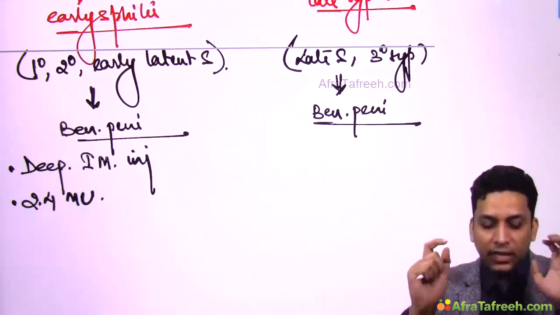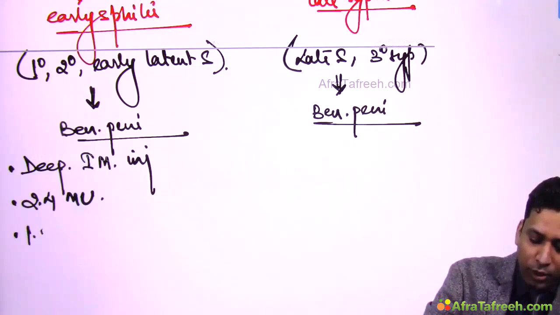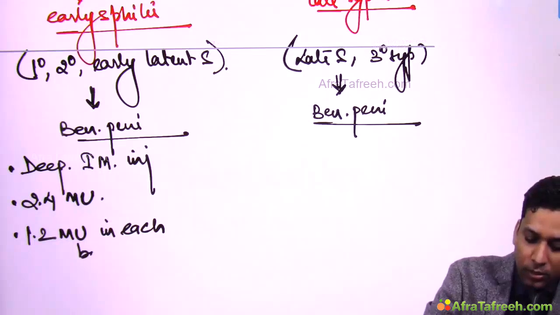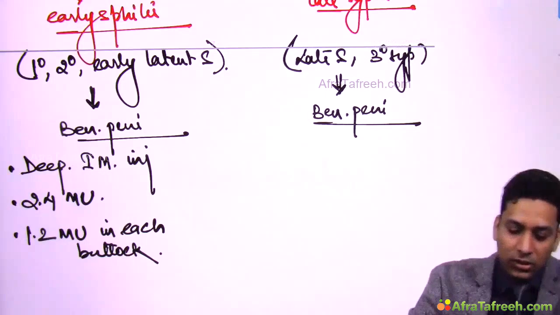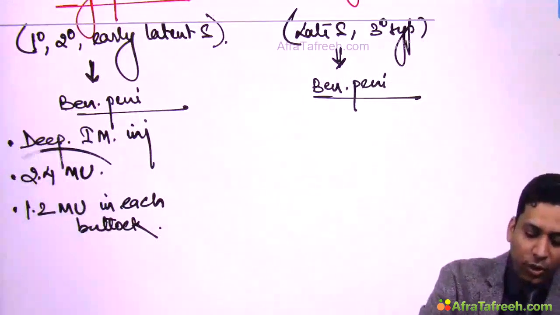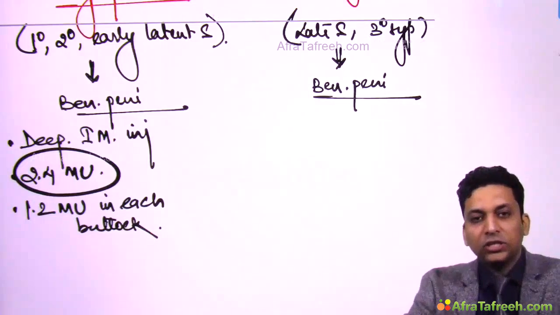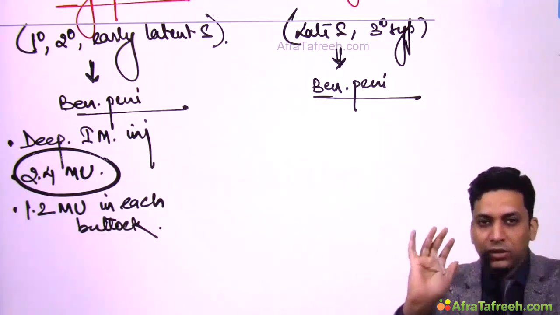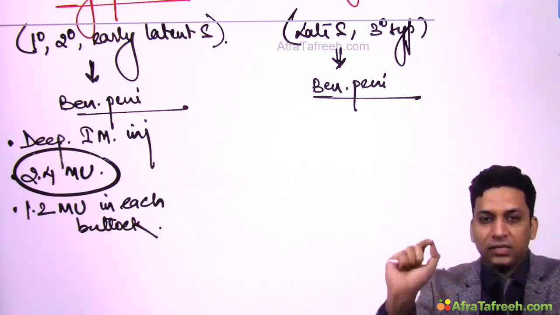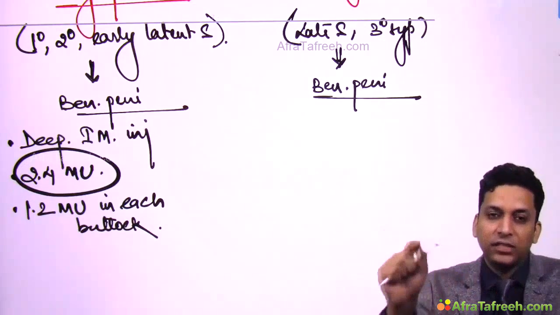So in the same sitting we do it: 1.2 million units in each buttock. This is the dose for early syphilis, that is primary syphilis, secondary syphilis, early latent syphilis.